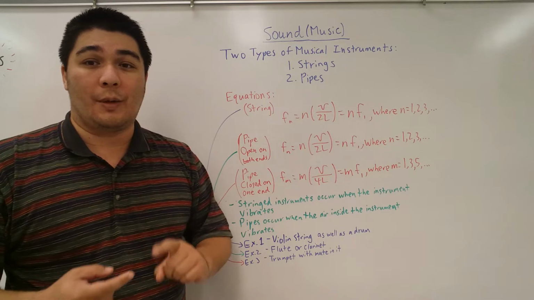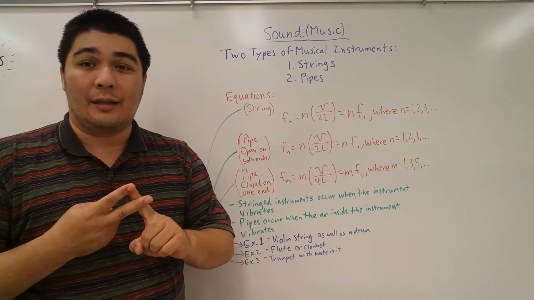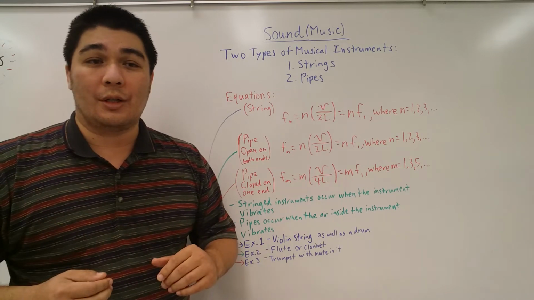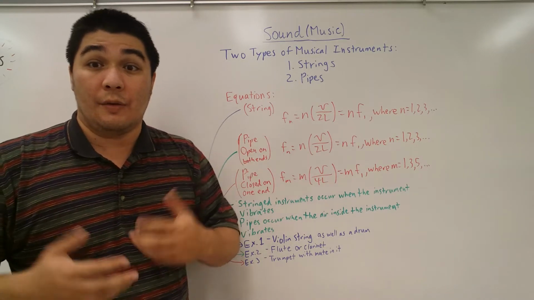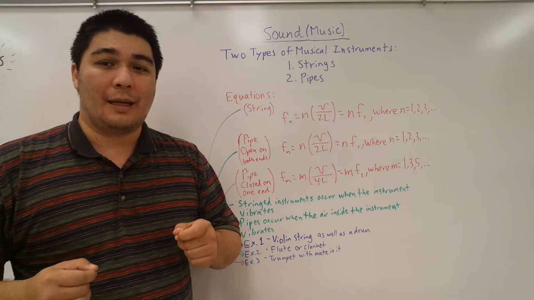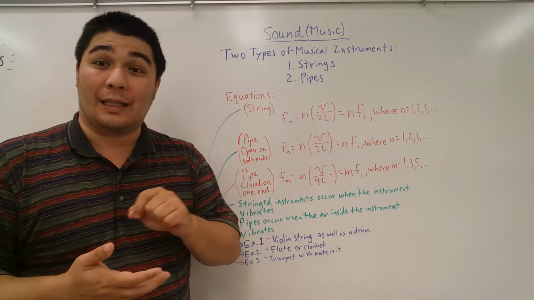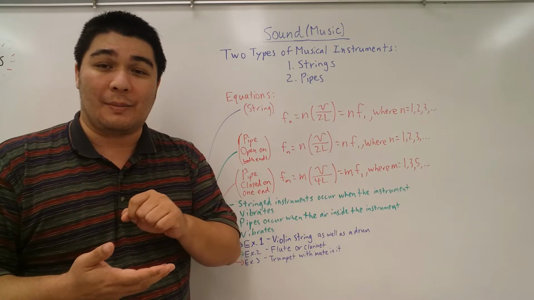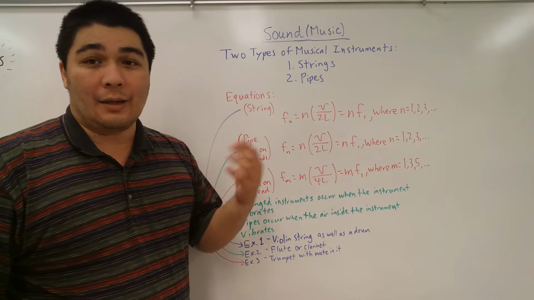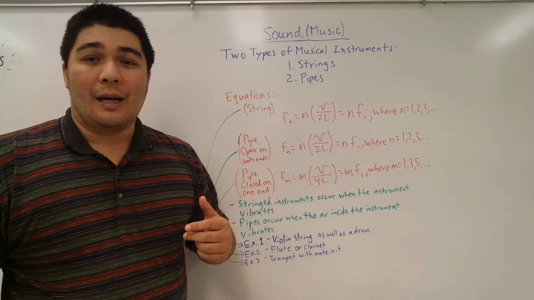For example, you might say, well, what about a drum, a violin, a bass, a cello? I would say all of those are generally strings. Even a xylophone, for example, at least like the xylophones they make for babies. Those ones are generally strings, and I'll go over why that is later.